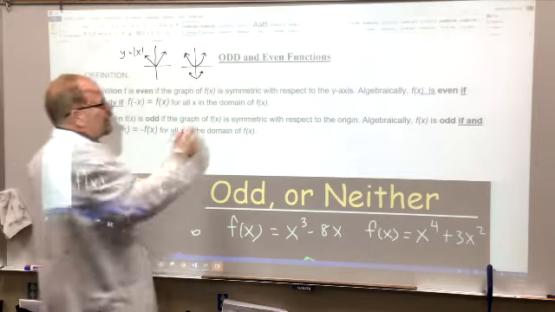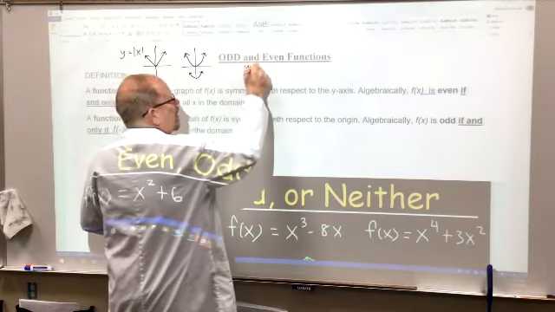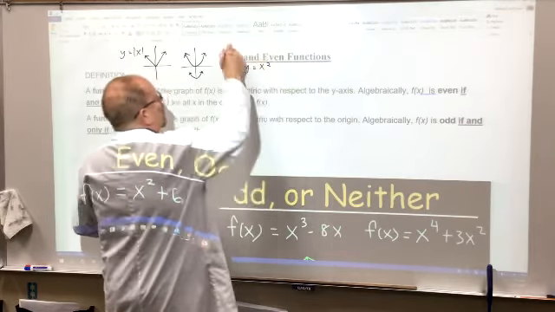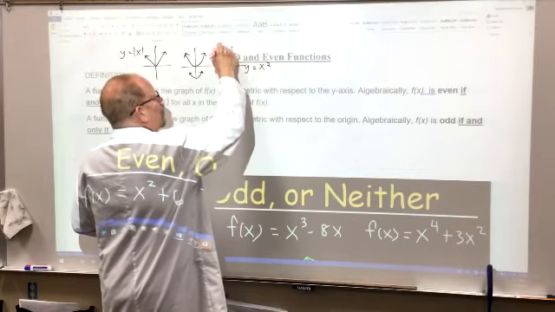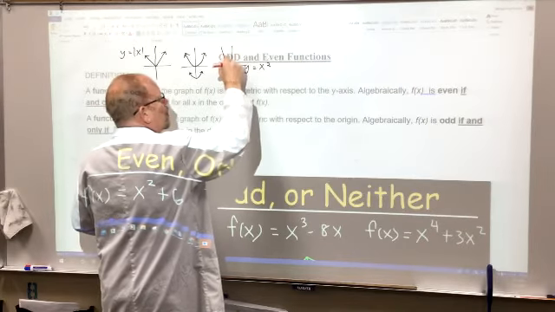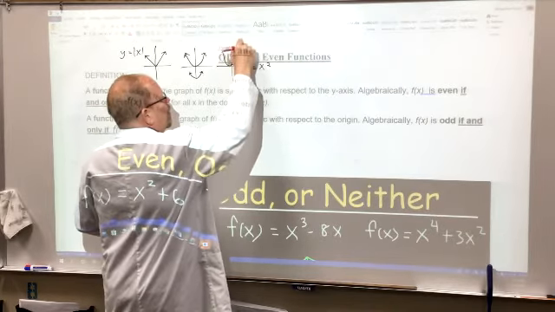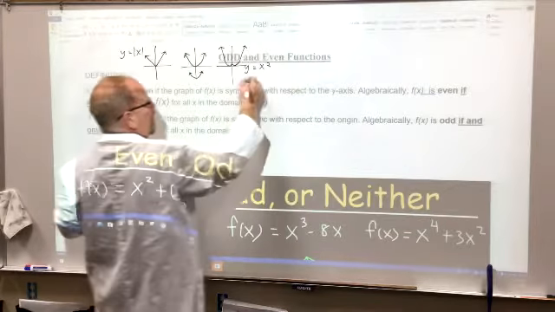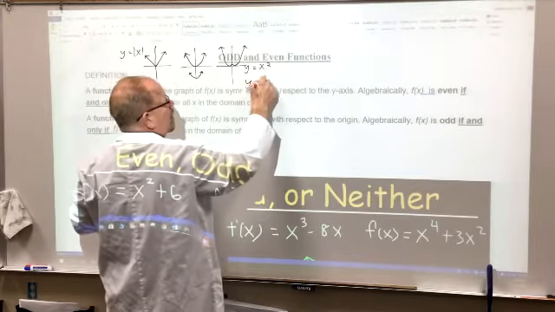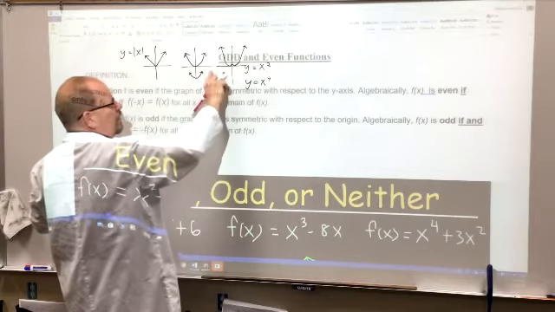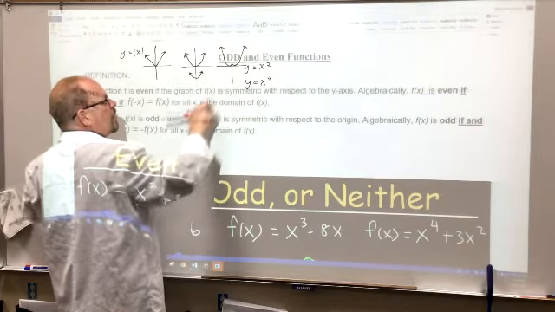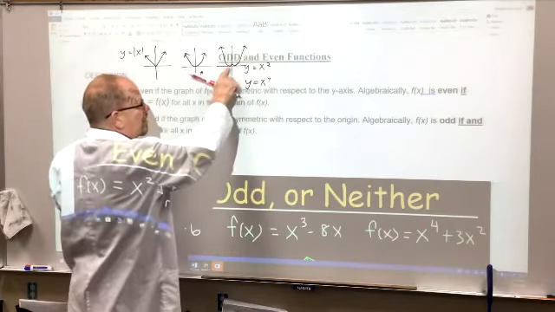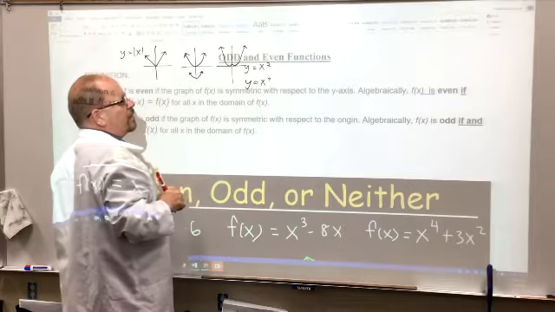Now you may notice that x squared and x to the fourth look very similar in the end behavior, okay? They're both even functions. X to the fourth has this extra little bump in it, okay?